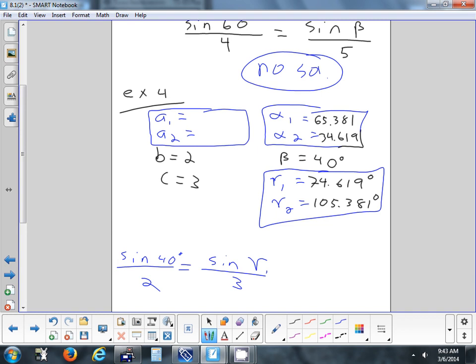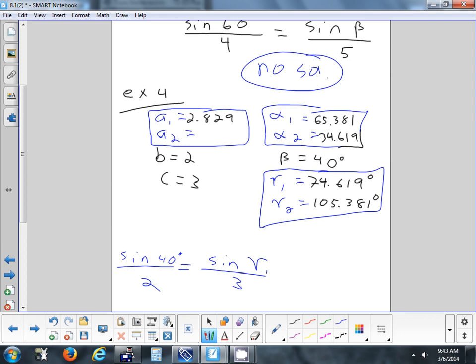All right. Now we're going to use alpha 1 to get A1. So my proportion would be sine 40 over 2 equals sine 65.381 over A1. Did anybody do that and get an answer for A1? 2.829.